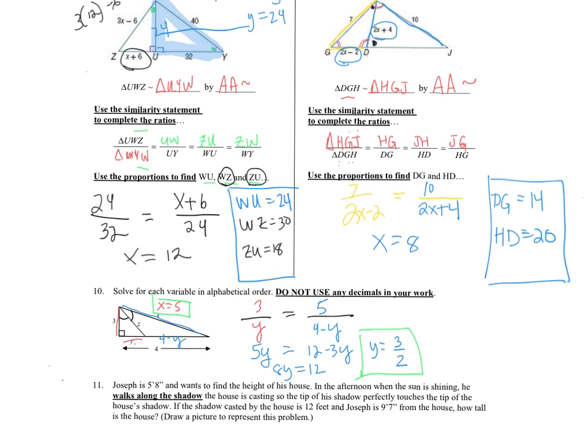So we have found x, we have found y, and we now need to find z. And so if we look at that, that is a right triangle also, and we now know the value of y. So what I could say is that I'm going to have 3 squared plus 3 halves squared equals z squared, and I want to find z. So I'm going to have 9 plus 9 fourths equals z squared.